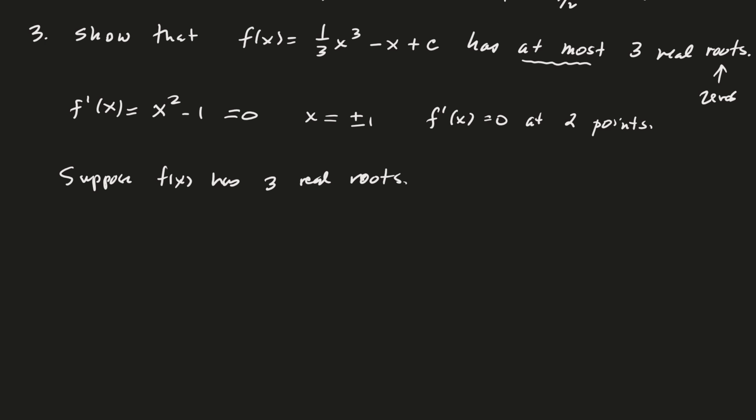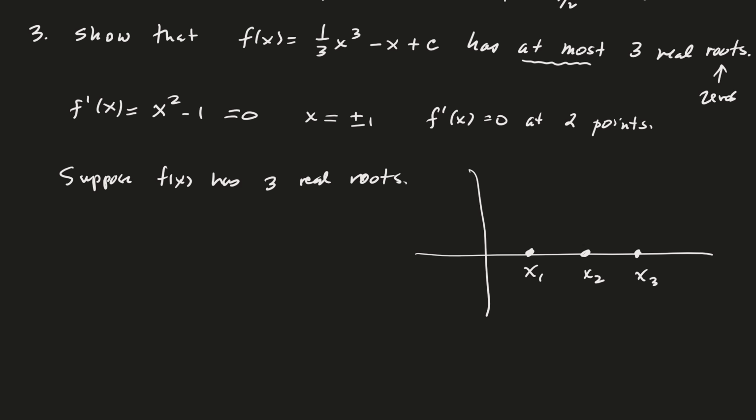So that means that f of x is equal to 0 at 3 places. Let's just call these x1, x2, and x3. The question is, is this possible, what you're looking at right here?